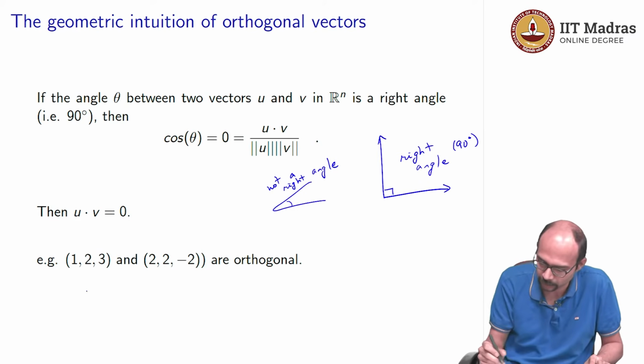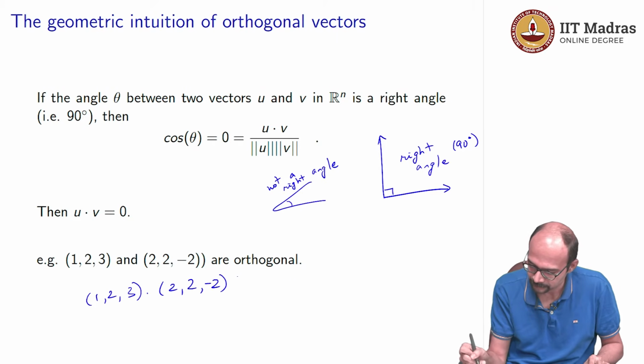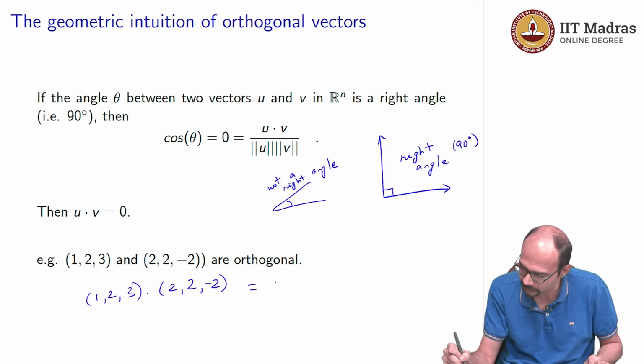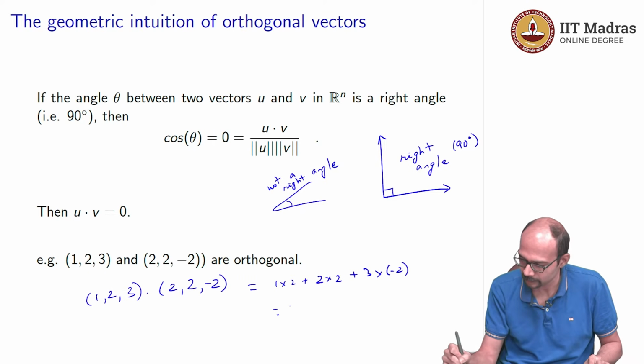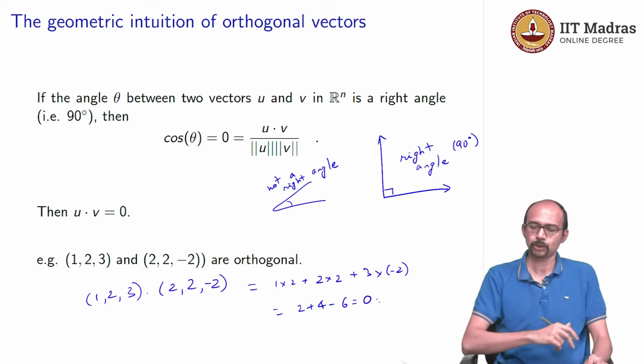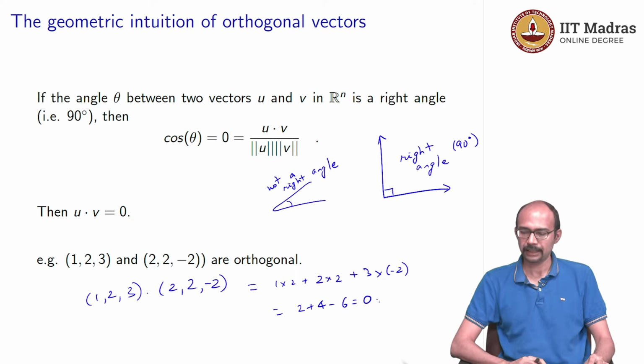They are orthogonal because if you compute the dot product, you get 1 times 2 plus 2 times 2 plus 3 times -2, which is 2 plus 4 minus 6, which is 0. So cosine of theta is 0, and you can back calculate to say that theta is 90 degrees.